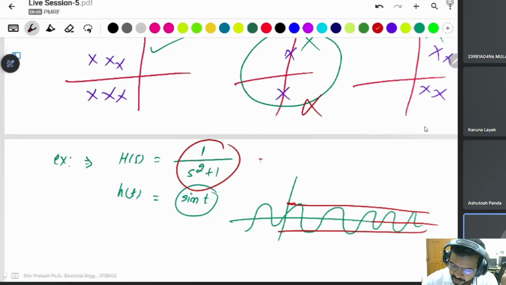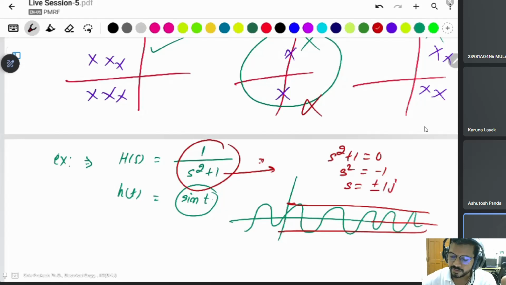Because if you find the pole, s square plus 1 is equal to 0, then s square is equal to minus 1, then s is plus or minus j. This means j omega, on the omega axis.